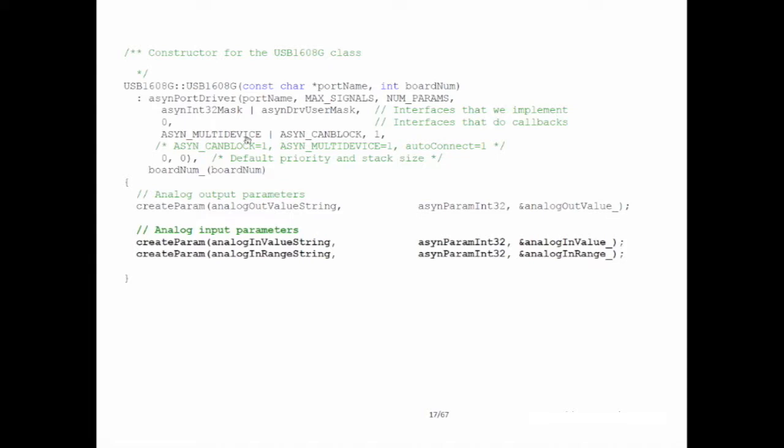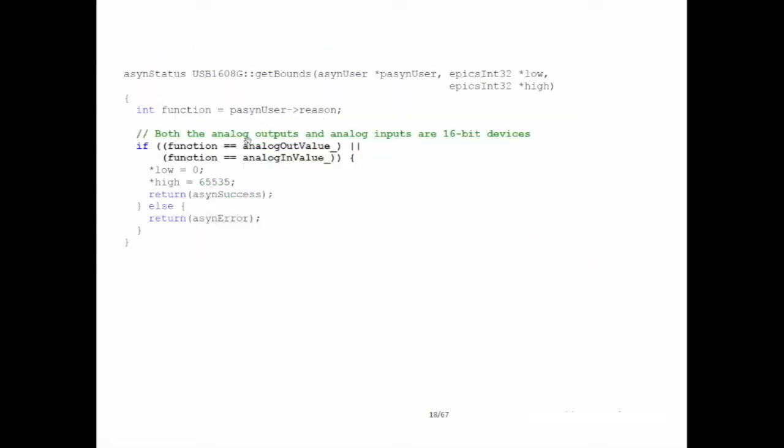And we are setting an analog. This is a pointer to the parameter number that AsynPortDriver is computing for us. The getBounds function is now just adding into the test. It turns out these are also 16-bit devices.